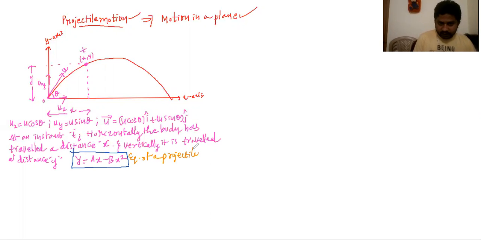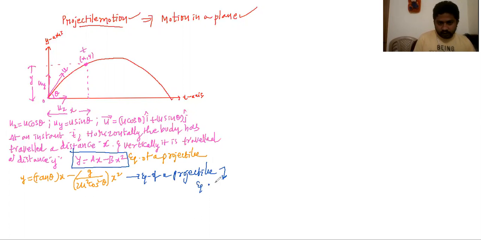So what is A and B? Let me write here once again. y is equal to, A is tan theta, into x, minus, B is g by 2u square cos square theta, into x square. So this is the equation of a projectile once again, and carefully see, this is in the form of the equation of a parabola.